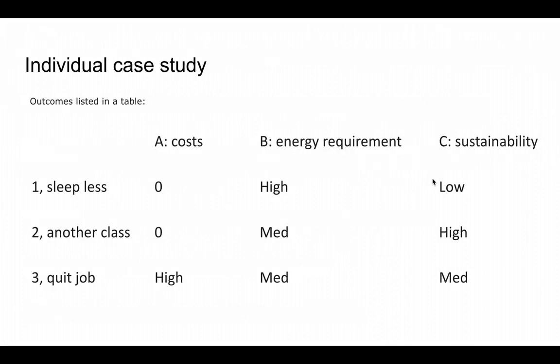Now we said we have three different options, right? So sleep less, take the class another time, and quit the job. And we also have three different criteria to evaluate all these options. So let's focus on using three different criteria on the first option, sleep less.